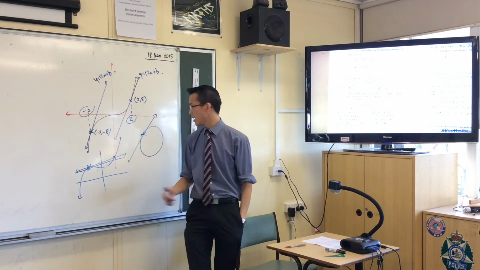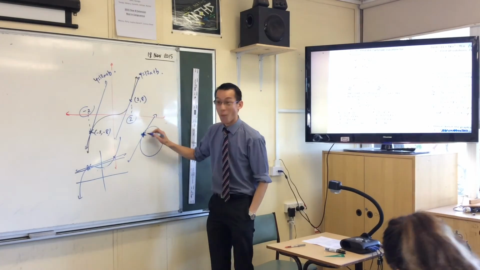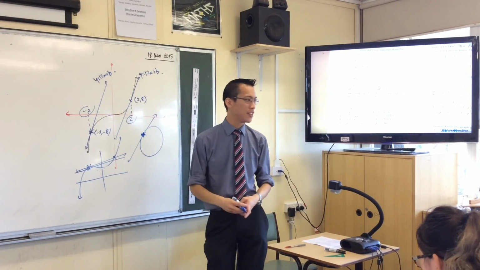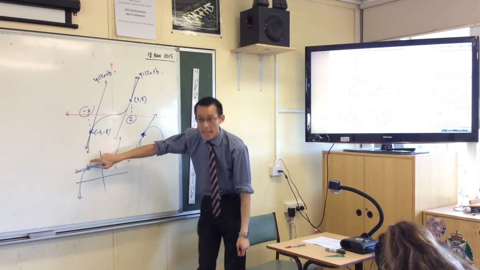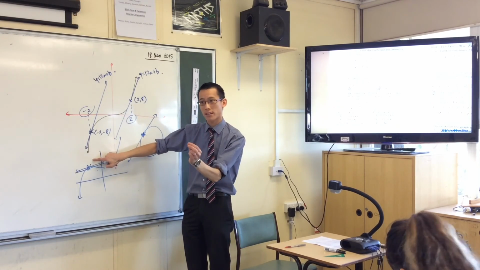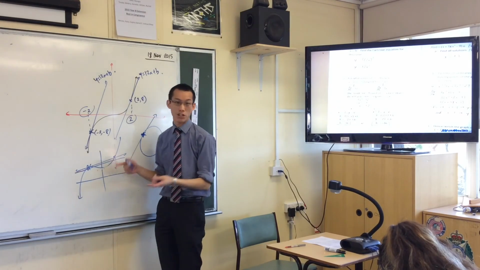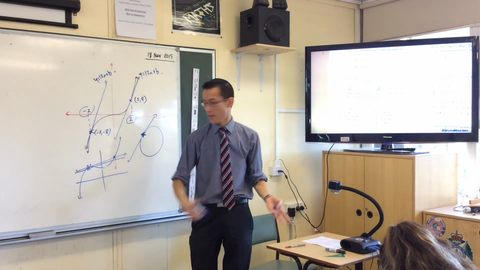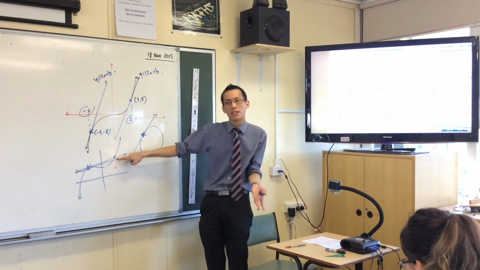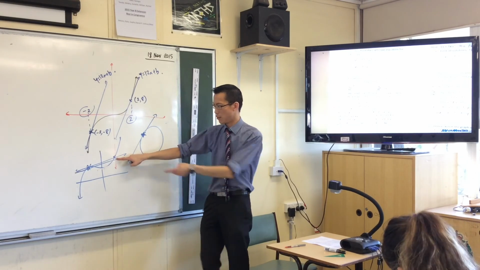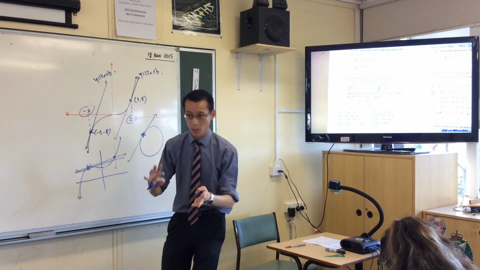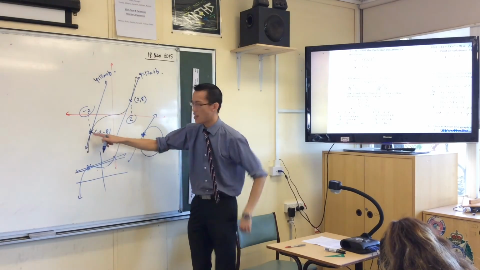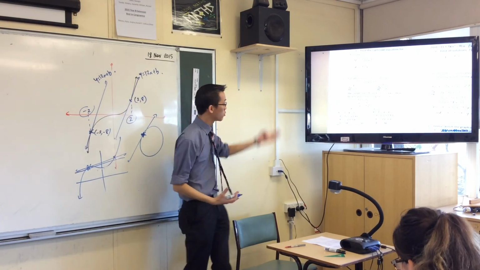So therefore you see, hitting the graph once is actually not the definition of a tangent. The definition of a tangent is it shares the same gradient at the point of contact. So therefore that horizontal line I just drew is tangent to the curve. It's tangent here. It's obviously not tangent there. But I'm not interested in there, I'm interested in here, right? So it's not about do I hit once or twice. It's about do I share the same gradient. That's what's really going on, which is why I differentiate.